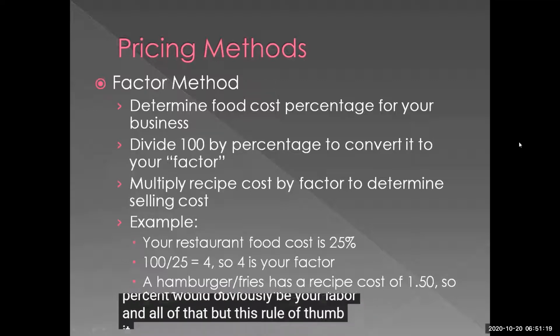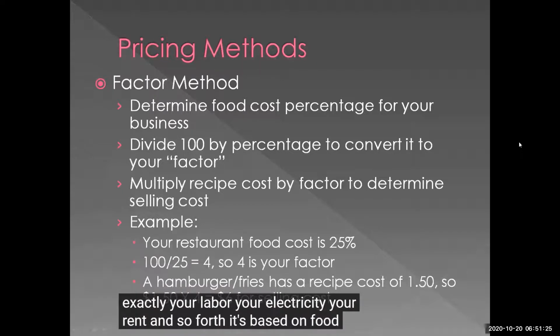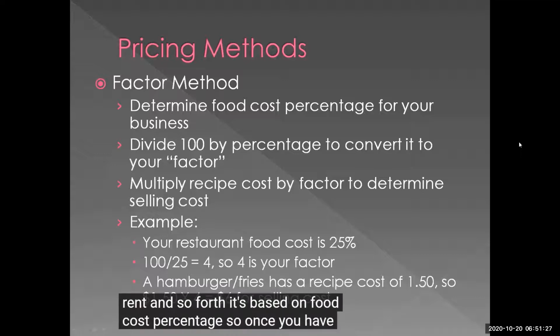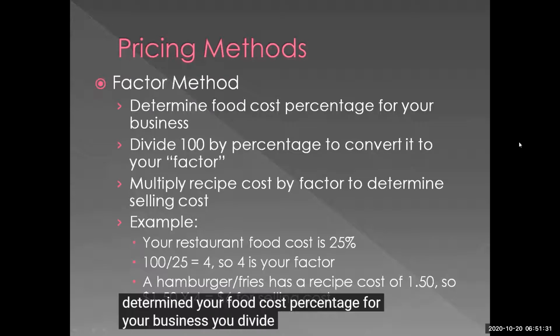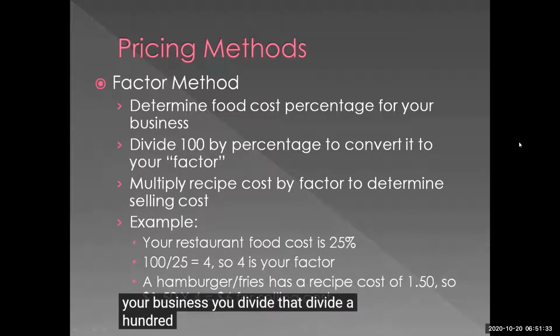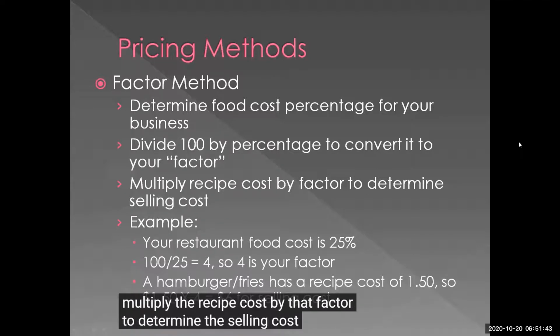But this rule of thumb keeps you from having to figure out exactly your labor, your electricity, your rent, and so forth. It's based on food cost percentage. So once you have determined your food cost percentage for your business, you divide 100 by the percentage to convert it to a factor. And again, there's going to be an example to show this. Then you multiply the recipe cost by that factor to determine the selling cost.